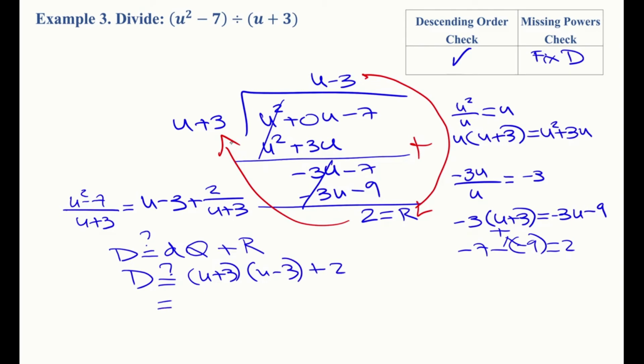Now, we know this is a product of two conjugates, so it becomes a difference of squares. So you get u squared minus 9 plus 2, which is of course equal to u squared minus 7, which is precisely what d is. So now I can just say d equals that without the question mark because I verified it, and now I'm done and it's fully checked. So there is an example with a missing term. Make sure you can handle that before we proceed.